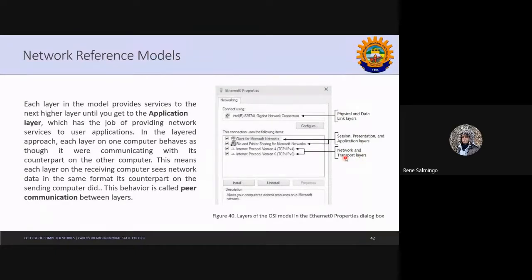And you also have your session, presentation, and application layers. Your physical and data link layers are on the first search bar. The "connecting using" means that you already have the driver of this connection. So this is your layer 1 and 2, and this is your 3, 4, 5, 6, 7. So that's it.